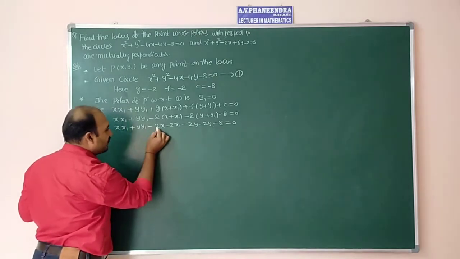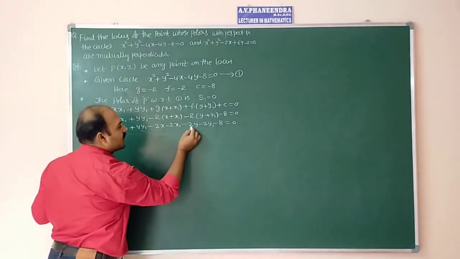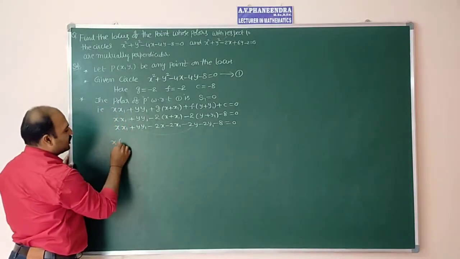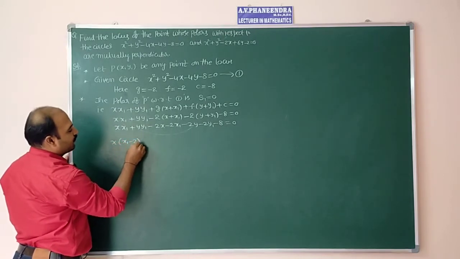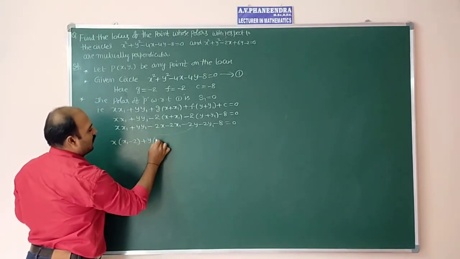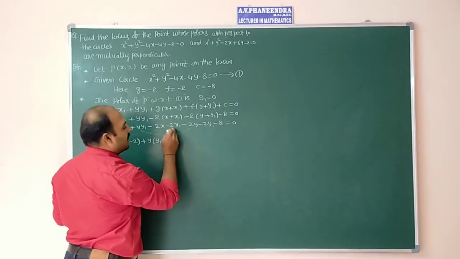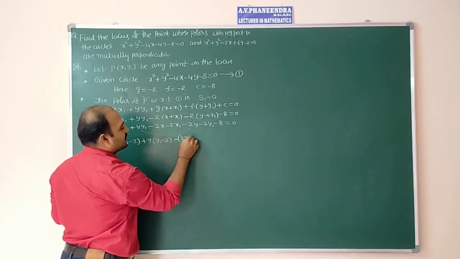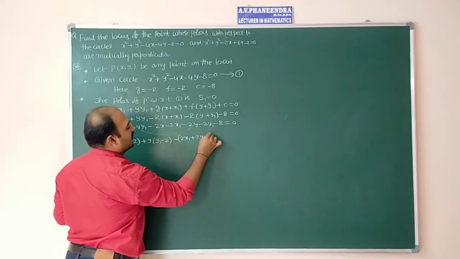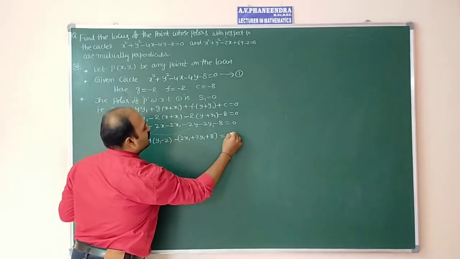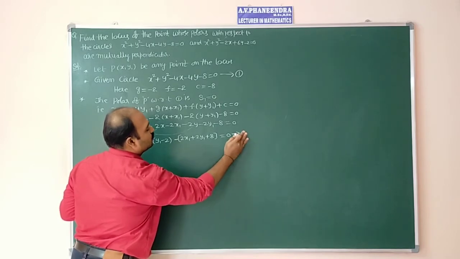From these two take common x, from these two take common y. So x(x1 - 2) + y(y1 - 2), and for the rest of the terms take minus common: -(2x1 + 2y1 + 8) = 0. This is equation number 2.